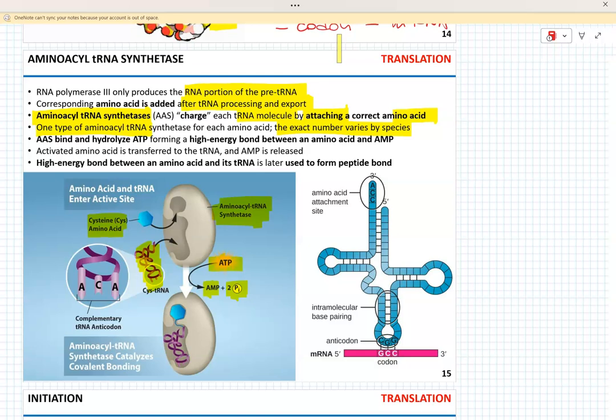The energy that aminoacyl tRNA synthetase derives from the ATP molecule is invested into formation of a high energy bond between an amino acid and its tRNA. The energy in this high energy bond will be used later to form a peptide bond during the process of translation.